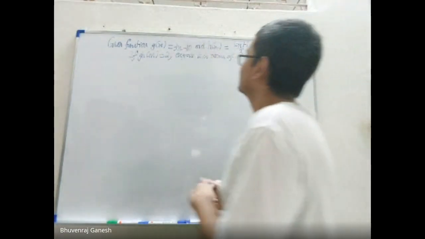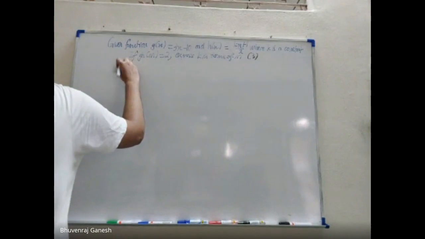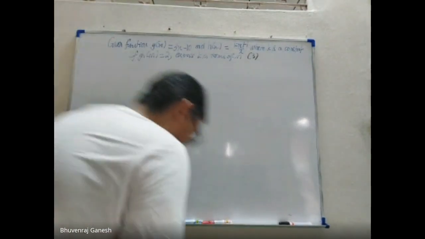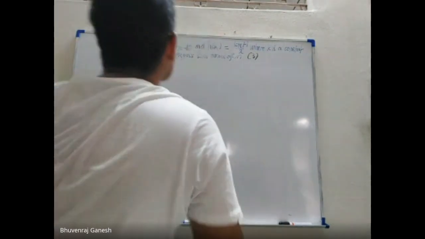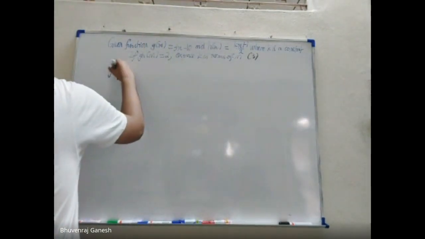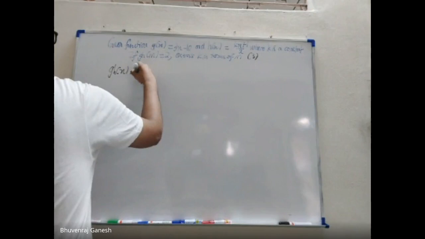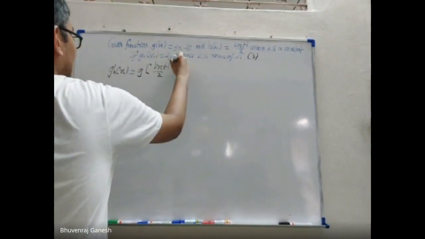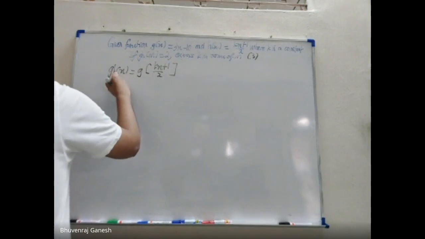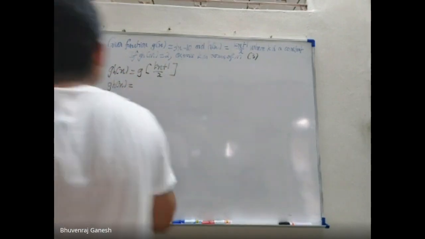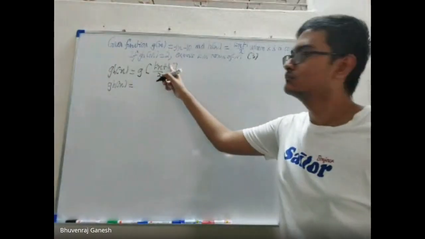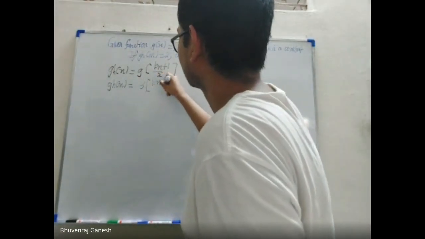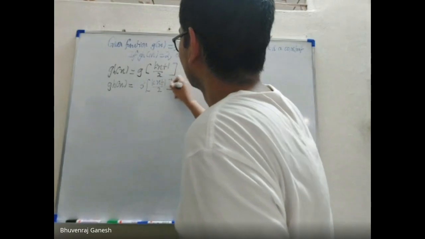So how you do it is basic composite function again. You just have to do gh(x). So gh(x) will equal to, you're going to sub your h first. So your h is kx plus 1 over 2. You sub the kx plus 1 over 2 into your g. So this will be your x now. So you sub inside the x, you will get. You can get complex, but just follow the algebra method.